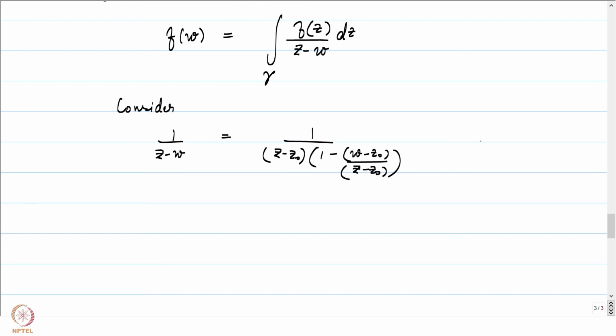Notice that we are looking at z coming from the circle of radius r around z0. So the absolute value of z minus z0 is always equal to r, and we know that the absolute value of w minus z0 is less than r.